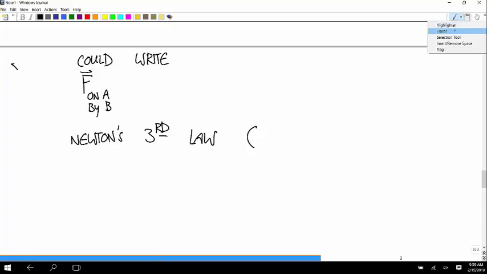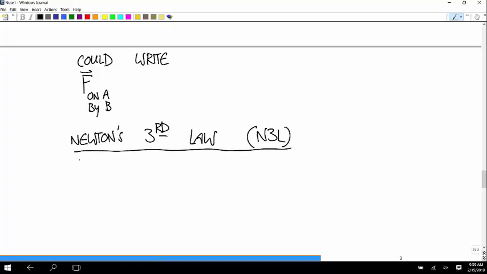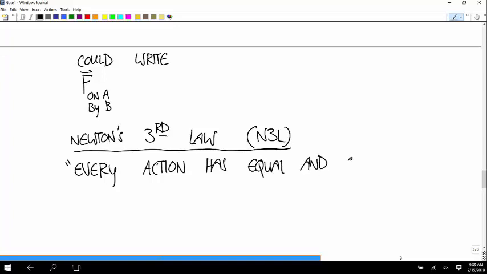And because of my love for abbreviations, I'm going to call this NPL. That's the one that says for every action, there's an equal and opposite reaction. Making sense out of that is sort of confusing.